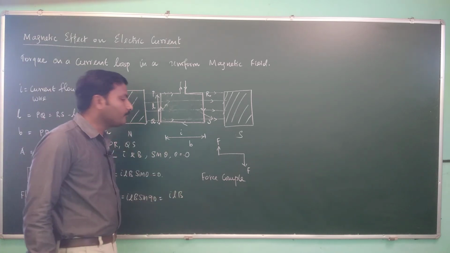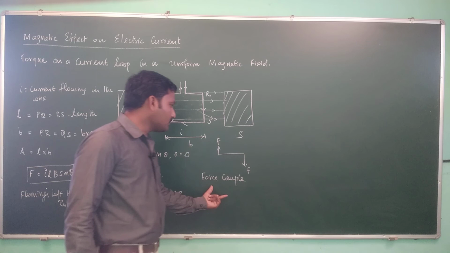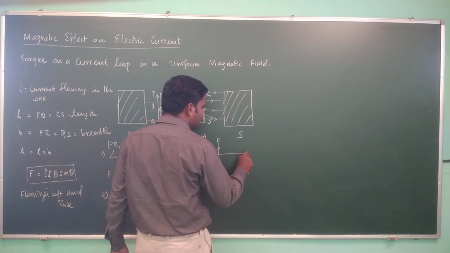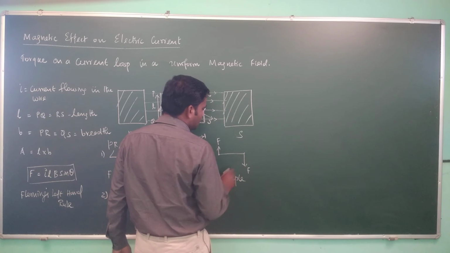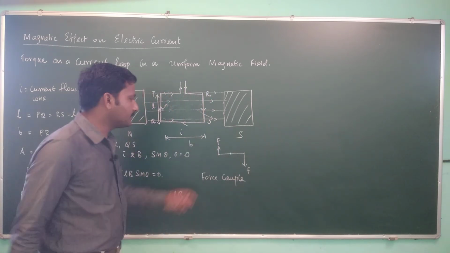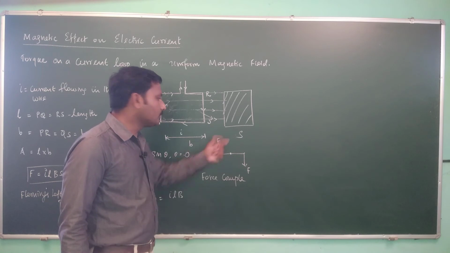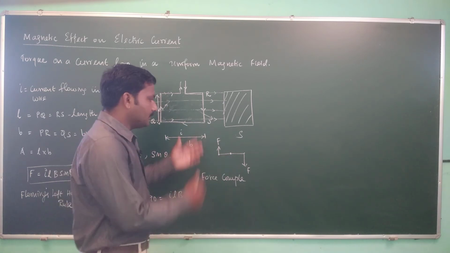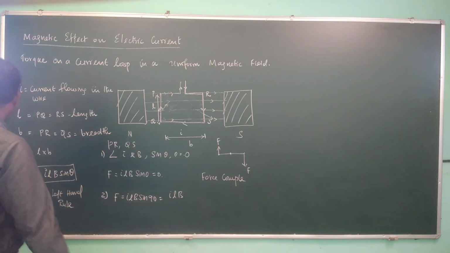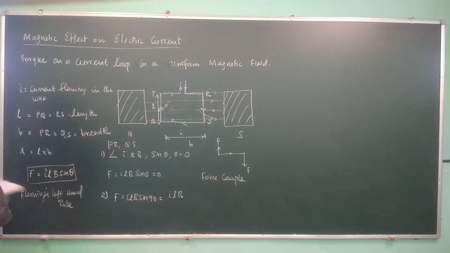And if this is something like a needle fixed in the center, this force couple will make it rotate, right? If rotation comes into the picture, then there exists a torque.